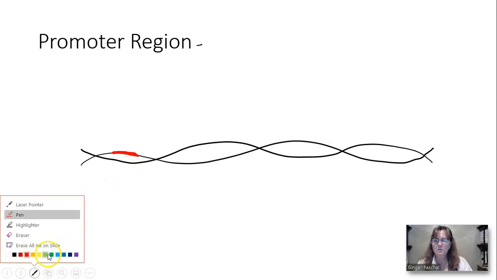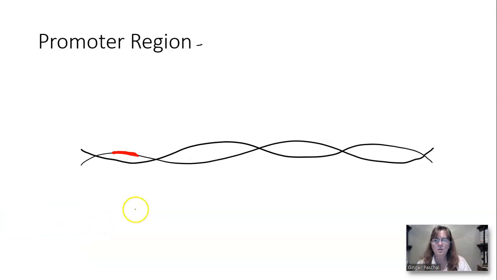We're also going to draw in the gene. The gene, in this case, if we trace that same strand, is going to be down the DNA strand from the promoter region. So this is the gene here, and this is the promoter. So let's define this.